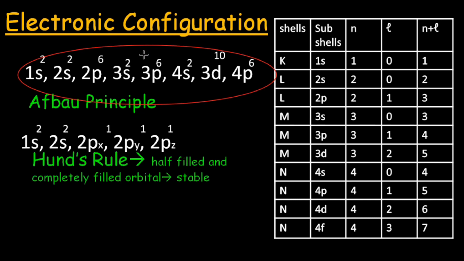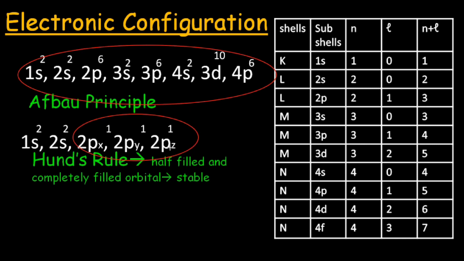It says that if degenerate orbitals are available, then you have to fill the electrons one by one in every degenerate orbital. For example, the p orbital can accommodate 6 electrons. You have to fill 2px with 1 electron first, 2py with 1 electron, 2pz with 1 electron.